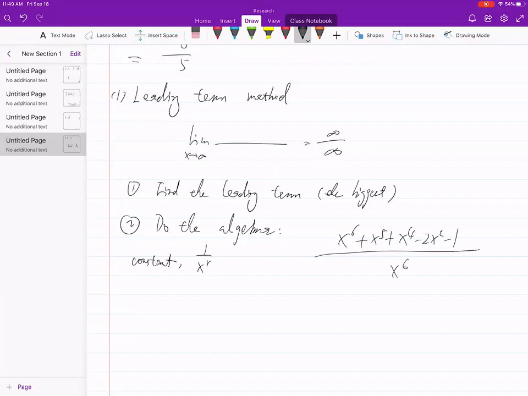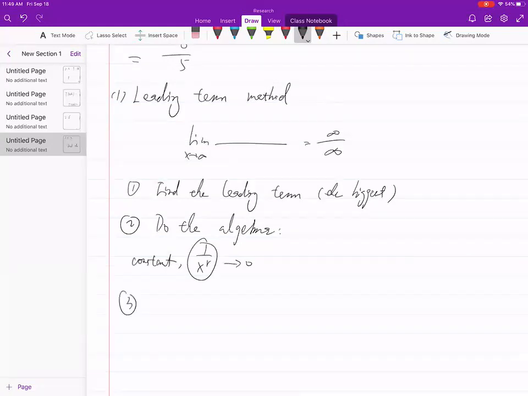Because it's the leading term, you have x to the 4th divided by 6, and you have 2 more left. That's why it's called the leading term. And all these terms actually eventually go to 0. That's the beauty of doing leading terms. Number 3, just let all these go to 0. Find the answer. That's it.